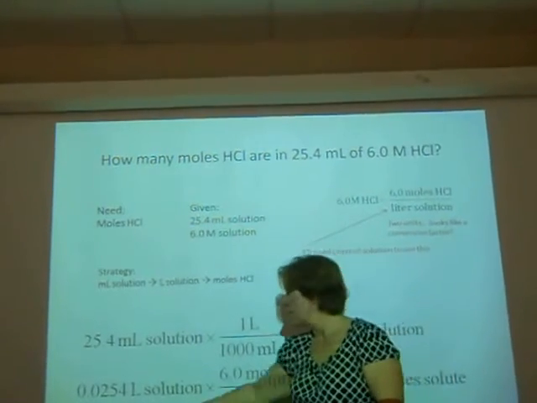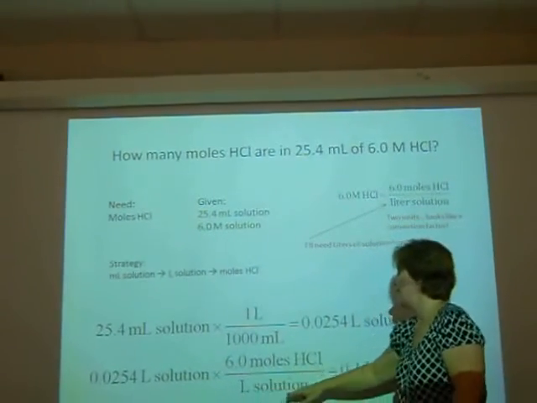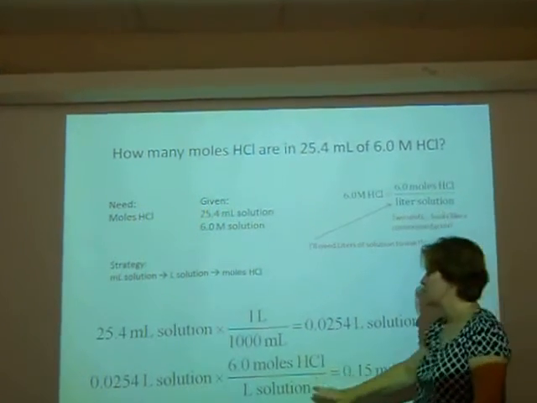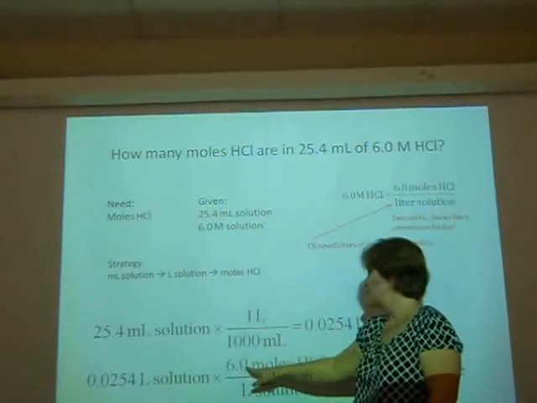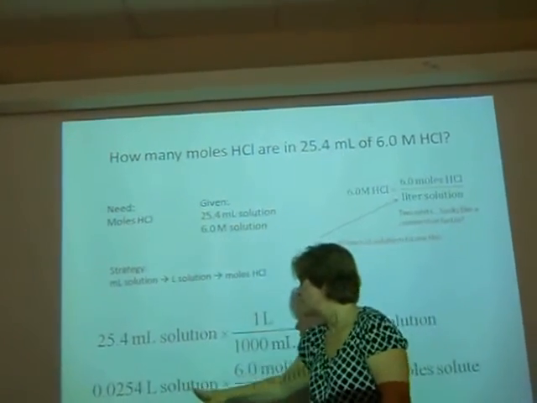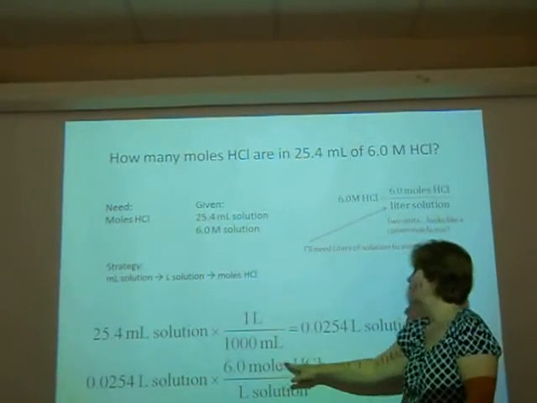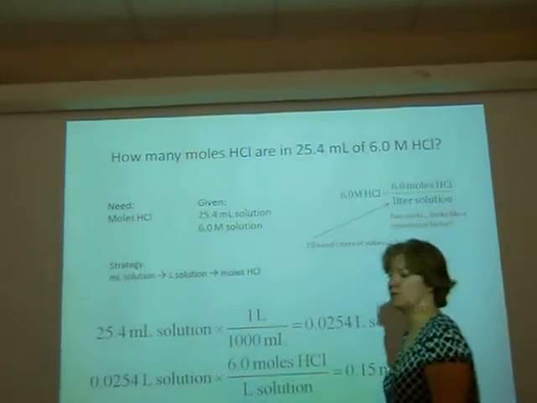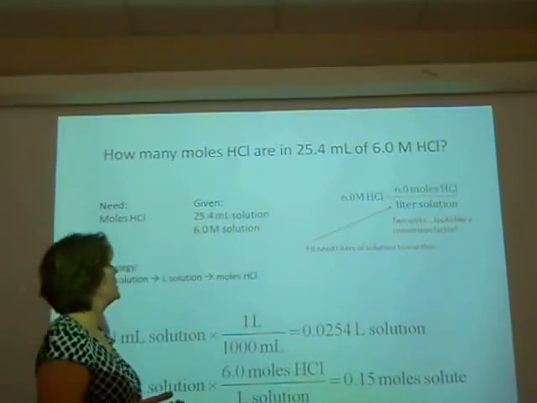Again, watch the units. I want liters of solution to be on the bottom. When I look at the way I've written this out, liters of solution is on the bottom, so I do not need to flip this. Times 6.0 moles of HCl. The liters of solution are going to cancel. I'm left with moles of HCl, and I get 0.15 moles of solute. And in this case, the solute is HCl.